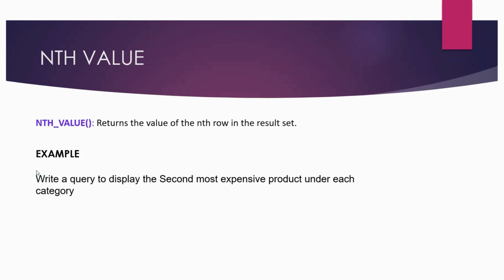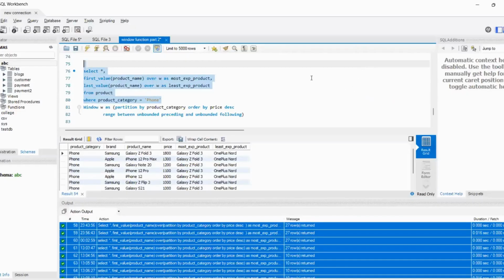Let's understand more about nth value with this example. We are going to write a query to display the second most expensive product under each category. So let me share SQL. Now we are going to write a query for finding out nth value, how to use nth value.